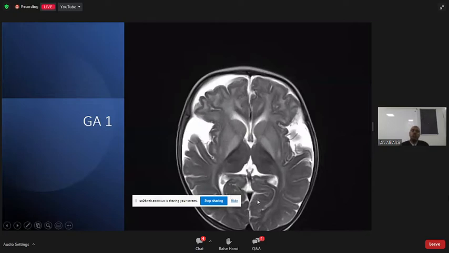So when you find such a picture, such an MRI, and this is basically an axial T2 image MRI, which shows the structure of the brain very nicely. Just try to find out if there are any abnormalities.